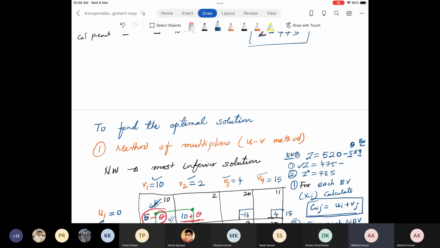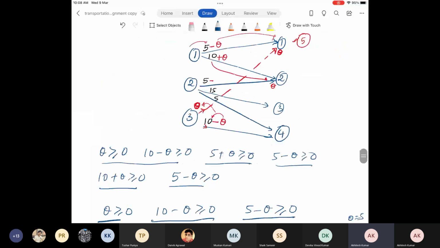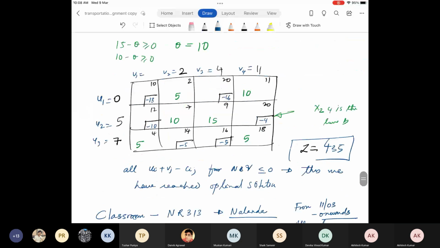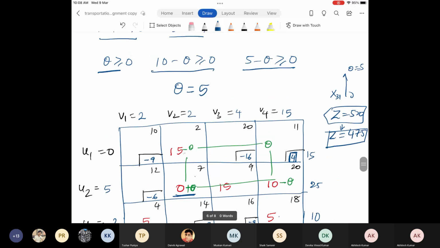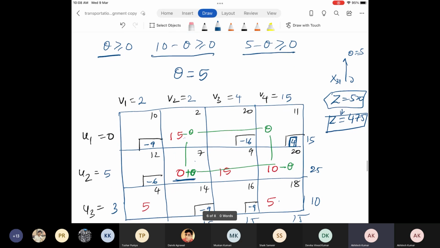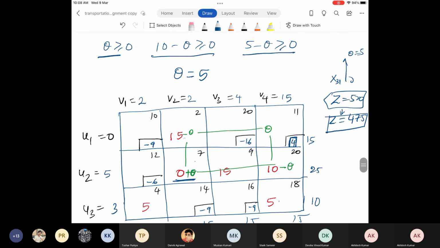In the first iteration, when you did the iteration, how much did theta come out to be? Your reduced cost was 4 and theta comes out to be equal to 10.